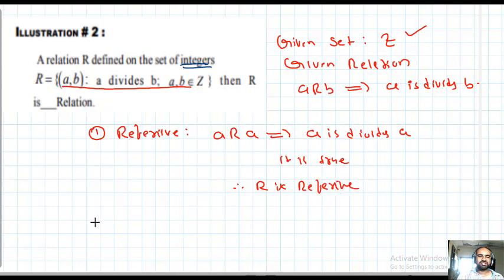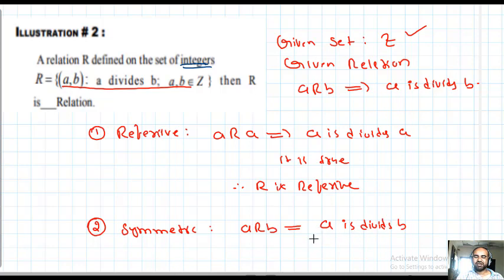Reflexive is tested. Symmetric I want to test now. Testing for symmetry: a related to b should give b related to a. So you write a related to b means a divides b, and in reverse order, b divides a. That is wrong, because a divides b does not mean b divides a, unless a equals b. For example, 2 divides 10 does not mean 10 divides 2.